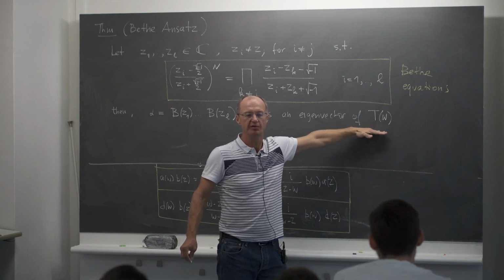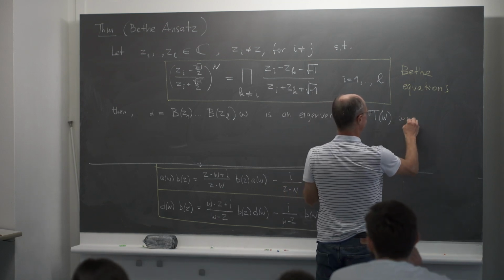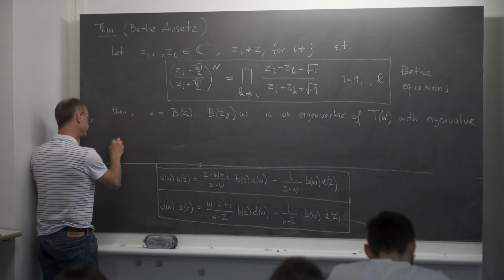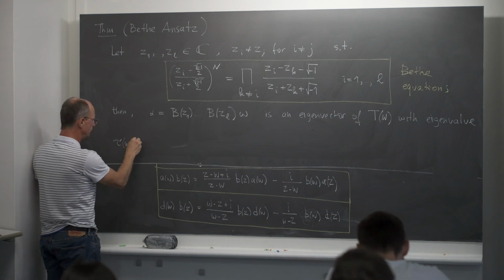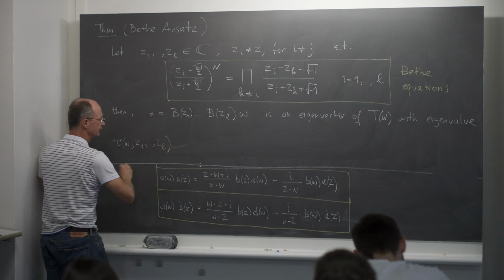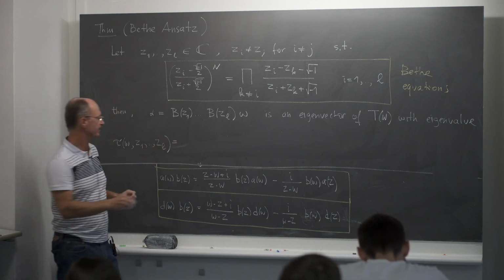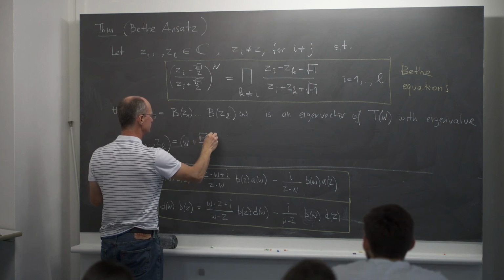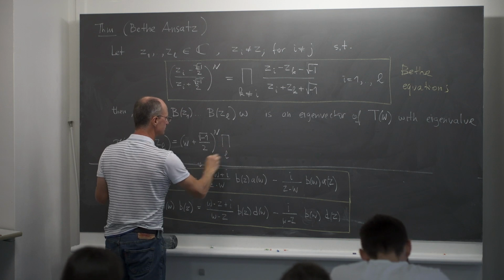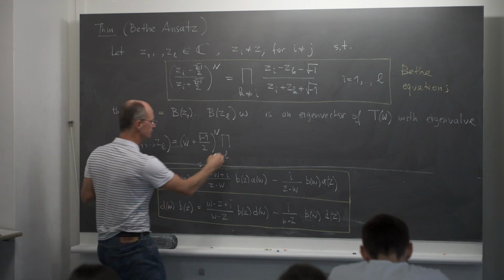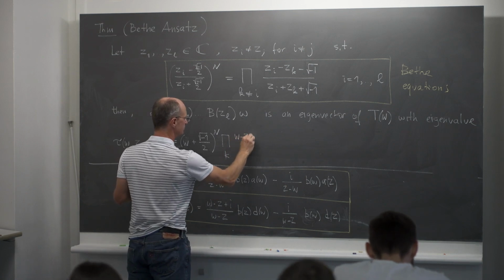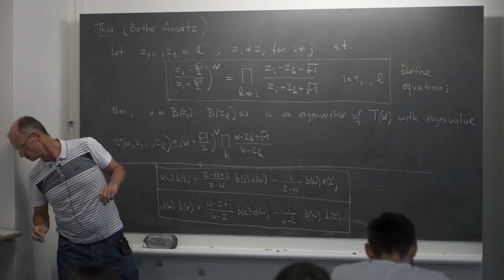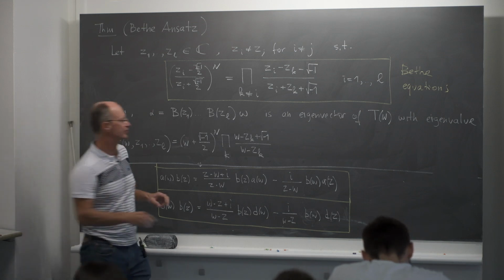They all commute, so it makes sense to ask about their common eigenvectors, with eigenvalue which now depends on w and also depends on the solution of the Bethe equations, given by the following. I hope I'm right. No, sorry.